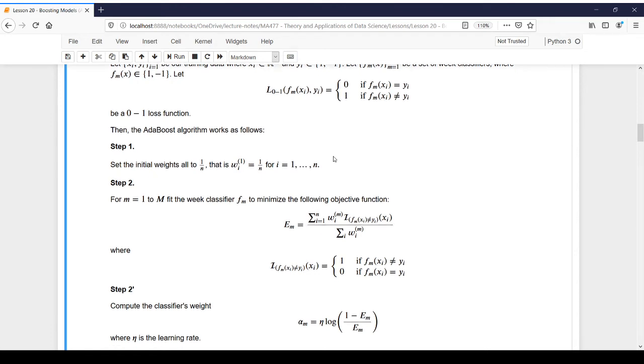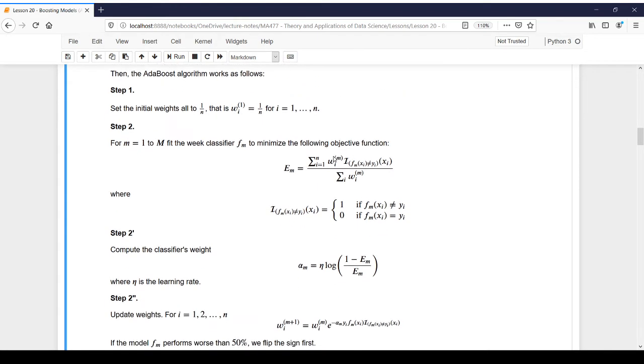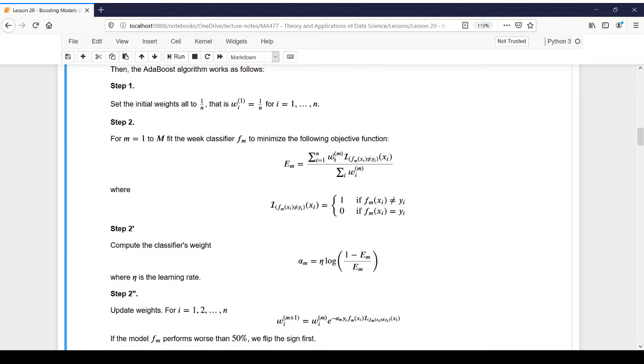Okay, so here is the actual algorithm, and there are slight variations of AdaBoost out there, so we're going to stick with this one. Initially, you want to initialize the weights somehow. These are the weights associated with our training samples.